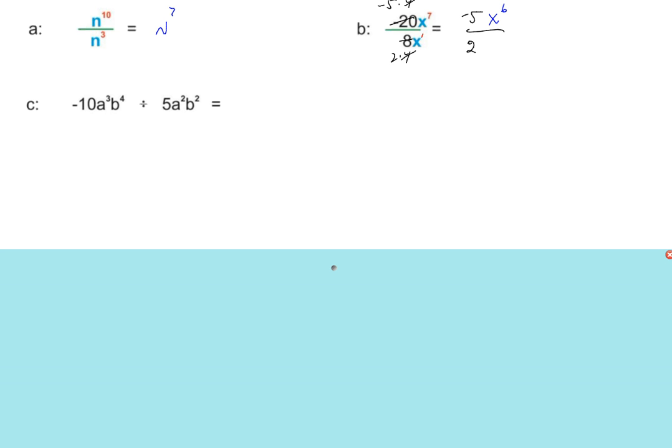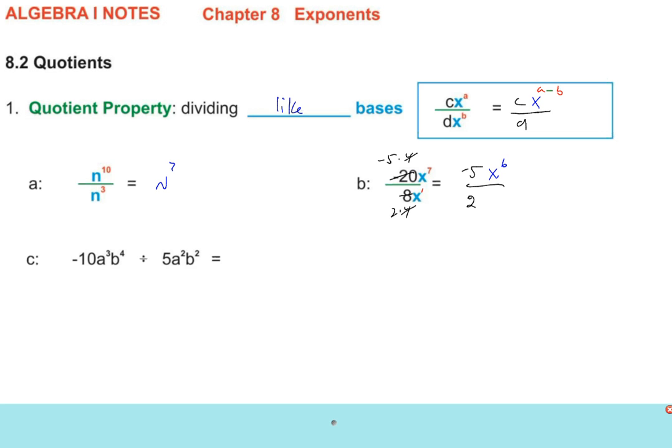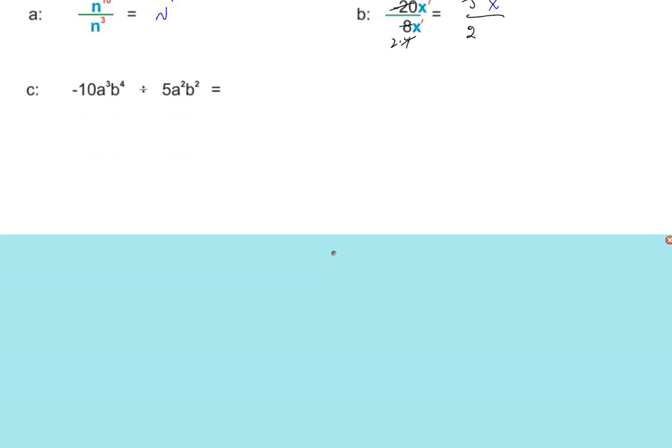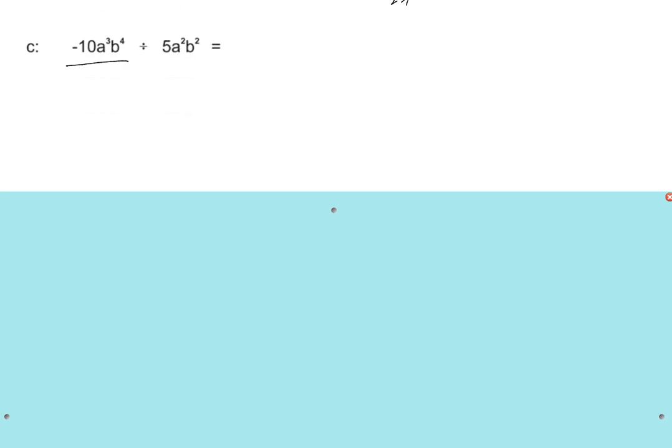All right, so C, obviously you got to put it into the other format, right? So if I were doing this problem, the first thing I would do is write it this way. So is your answer going to be positive or negative?